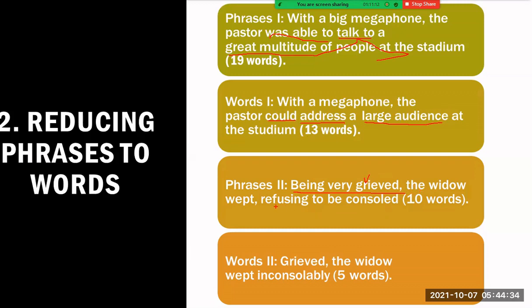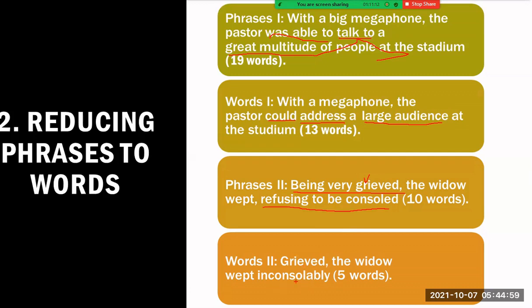Then "refusing to be consoled," again, this is a phrase we reduce to one word, "inconsolably." So here we have 10 words in the original, and when we reduce the words, we have 5. And so: Grieved, the widow wept inconsolably.